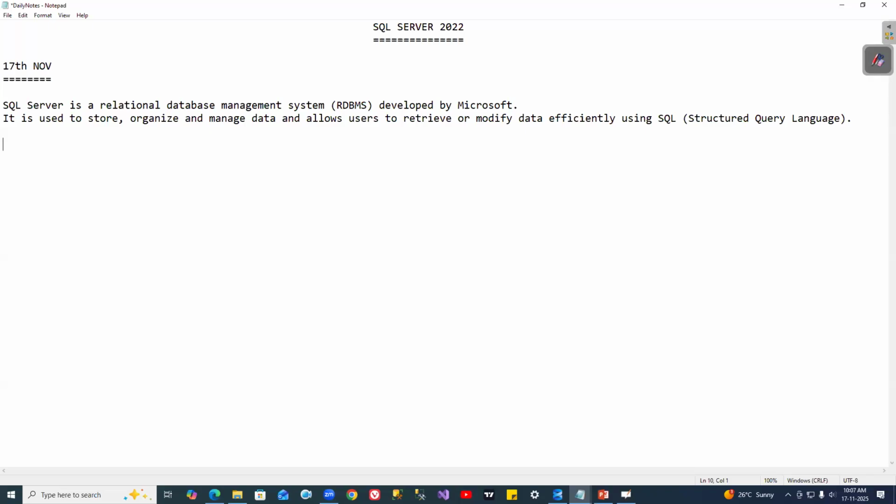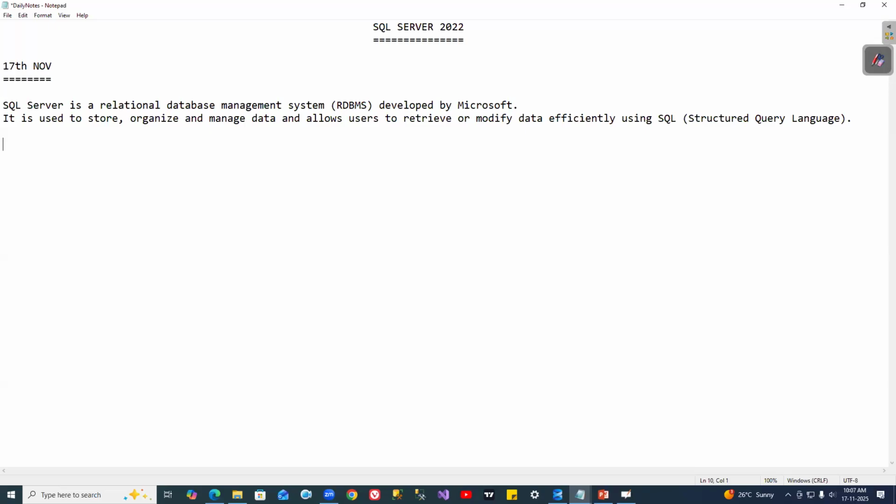If you take any business or application or any industry, the systems they use today work completely with data, right?